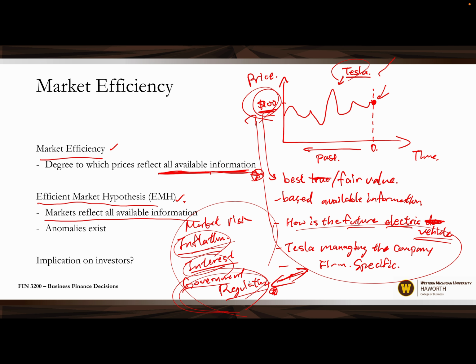That is, the current price reflects the true value of the stock based on all this information. Again, true value based on information. That's what market efficiency or the efficient market hypothesis predicts.